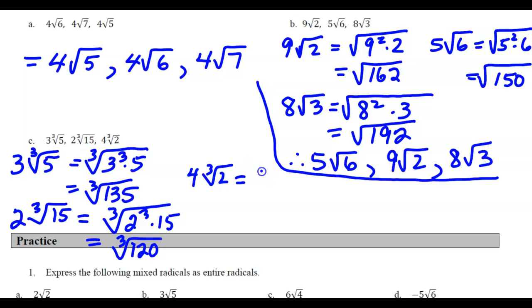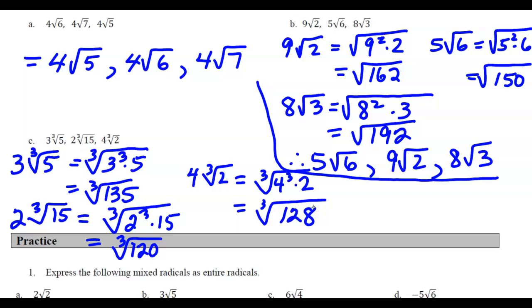And that's going to be 4 cubed times 2. 64 times 2 is 128.